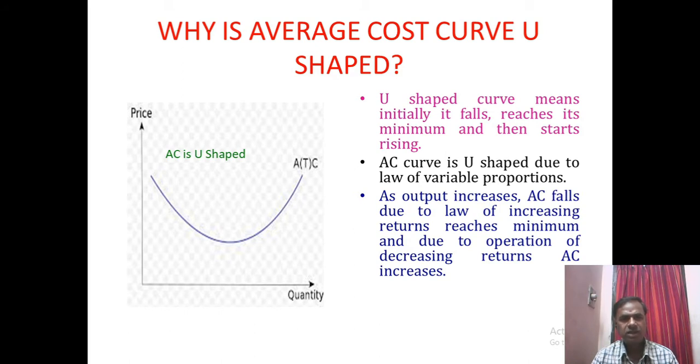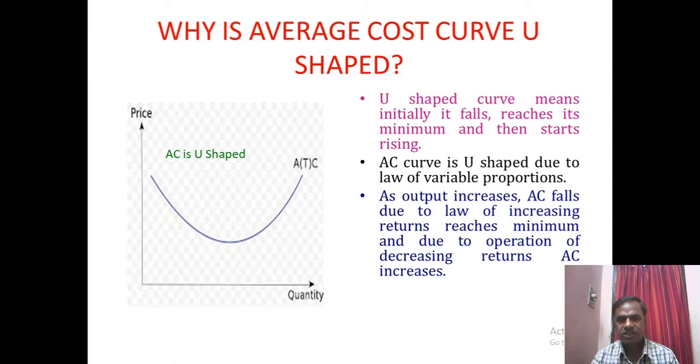But here we will take into account only two phases. When the total product increases at increasing rate, the average cost falls. When the total product diminishes, the average cost rises. That is the main base of the average cost curve.